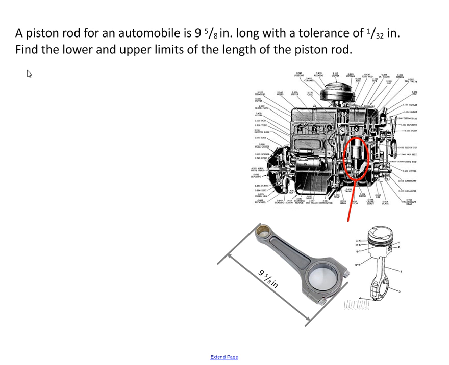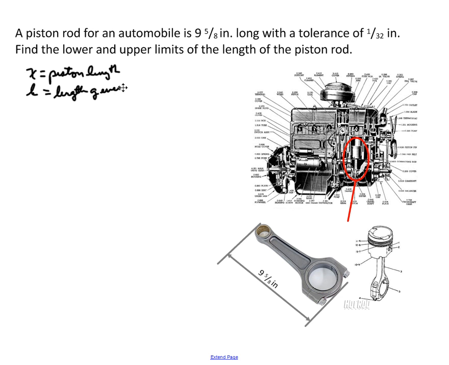Let's say that we let x equal the actual piston length after we've applied the tolerance. Of course, the length of the piston rod, at least the basic value, is given as 9 5/8 in the drawing specifications.